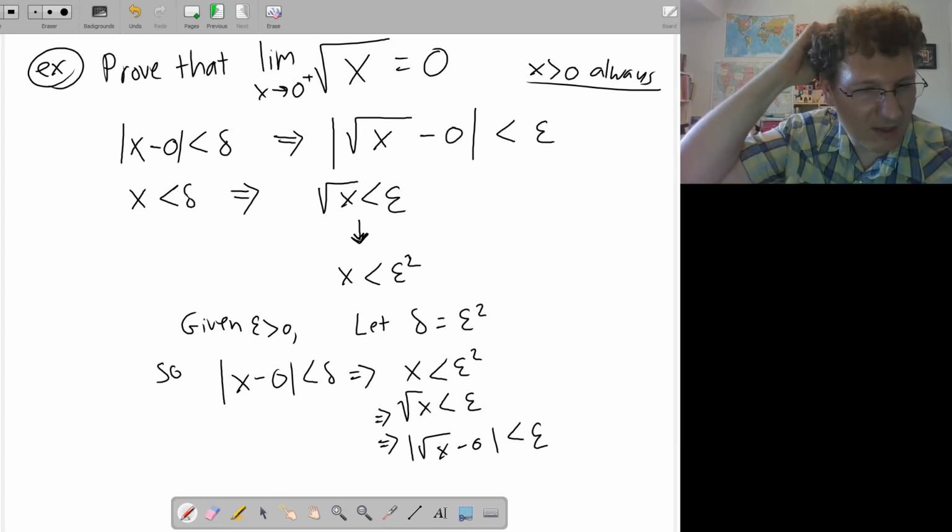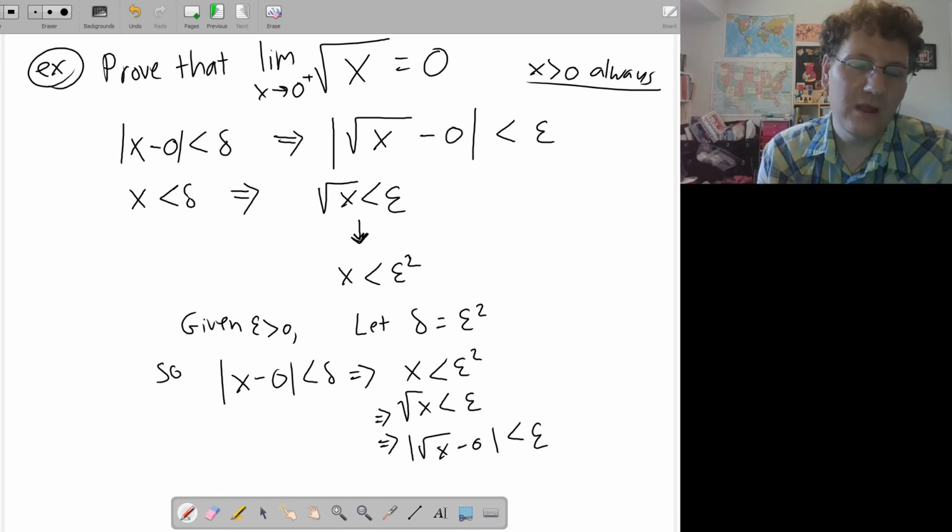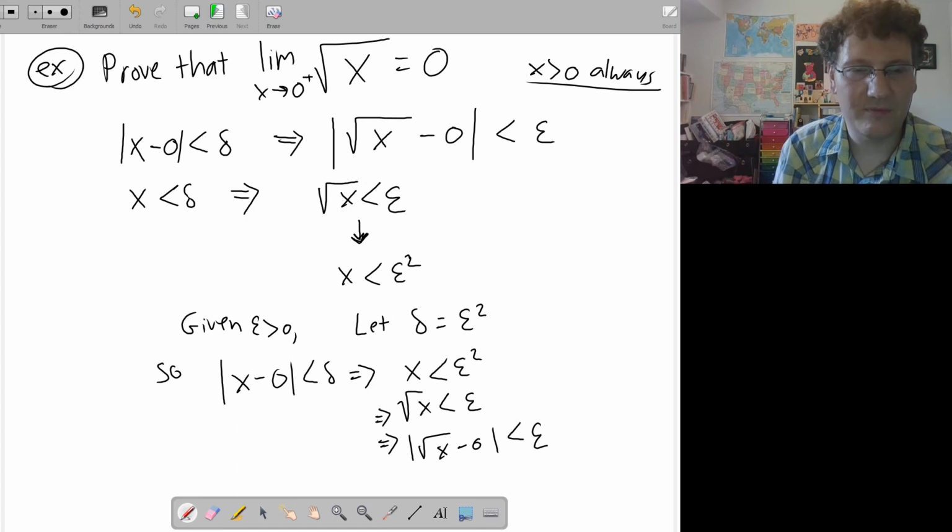These are equivalent statements, and this is the idea for this epsilon delta proof for the square root of x function. We were able to stick on absolute value signs and not worry about squaring and square roots, because we're only dealing with positive x values. So again, we didn't have to worry about the sign, the plus or the minus, and any of that business.